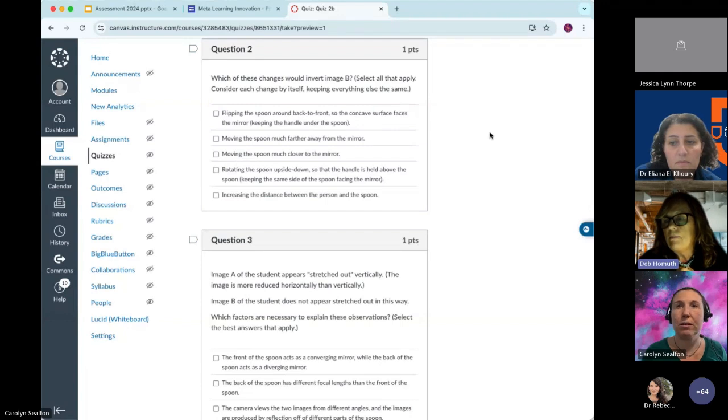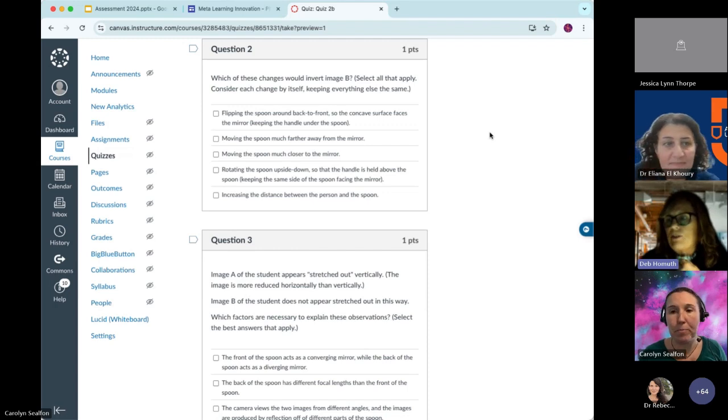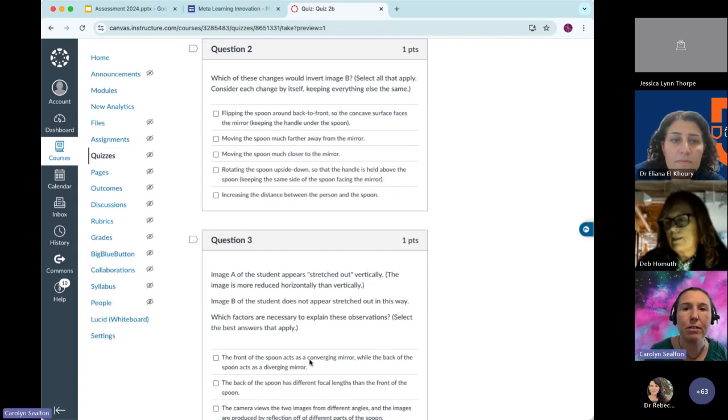Carolyn, people can't access the quizzes. The link doesn't work when they went to it, but they can see the examples you're sharing on your screen. Should they be able to access the quizzes if they went to that link? Yes, if they sign up for the Canvas. Oh, it says the site's under construction. That's weird. Maybe we can look into that afterwards.